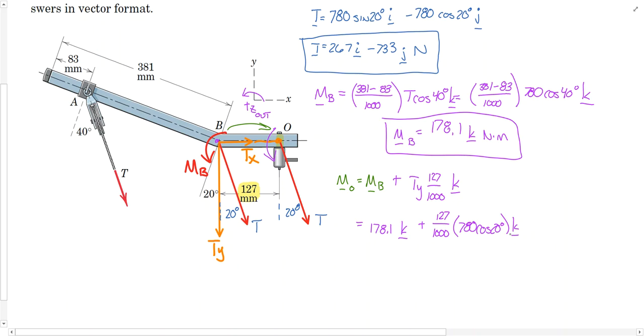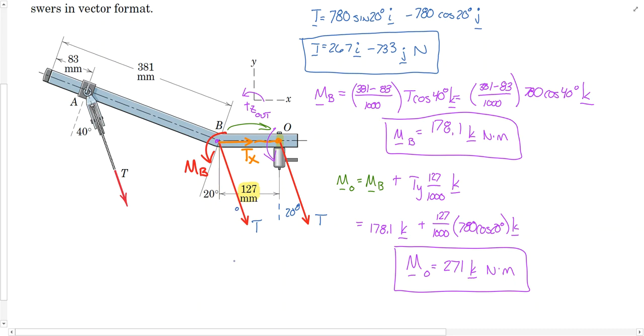Now, if we compute this number, we find that MO is equal to 271k Newton meters. Again, positive k would be a clockwise type direction if we were going to record things in that fashion. We're not recording in that fashion.